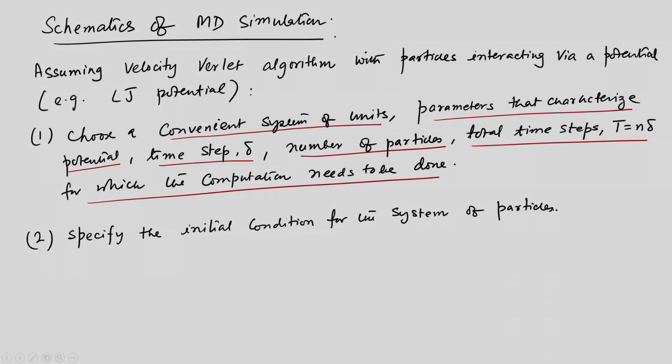So, what I mean by that is that one needs to specify R_i for i equal to 1 to N, and so R_i at 0. So, let us just write it. R_i at 0, that is time equal to 0, and also V_i at time t equal to 0 for all these particles 1 to N.